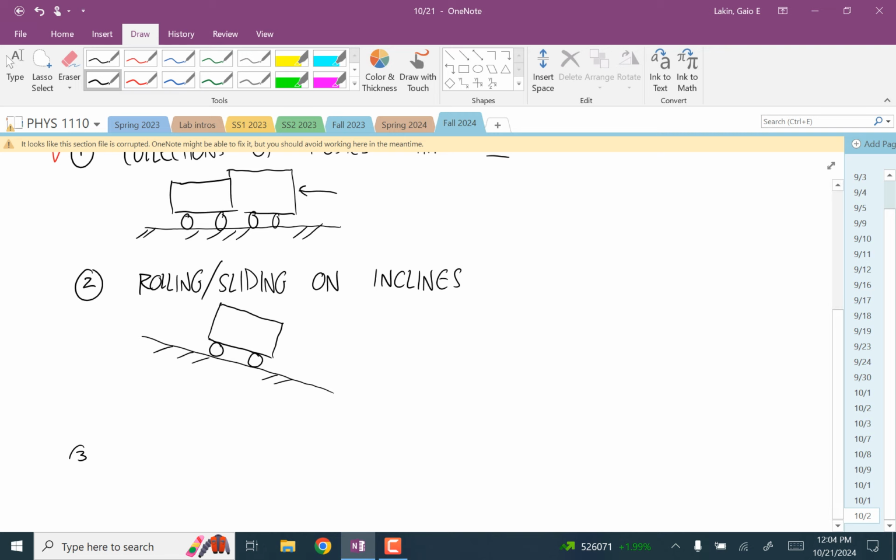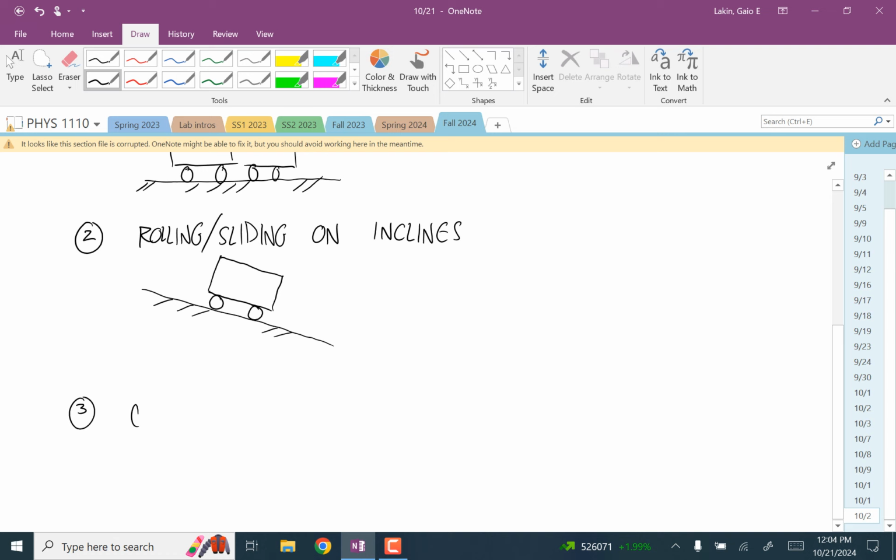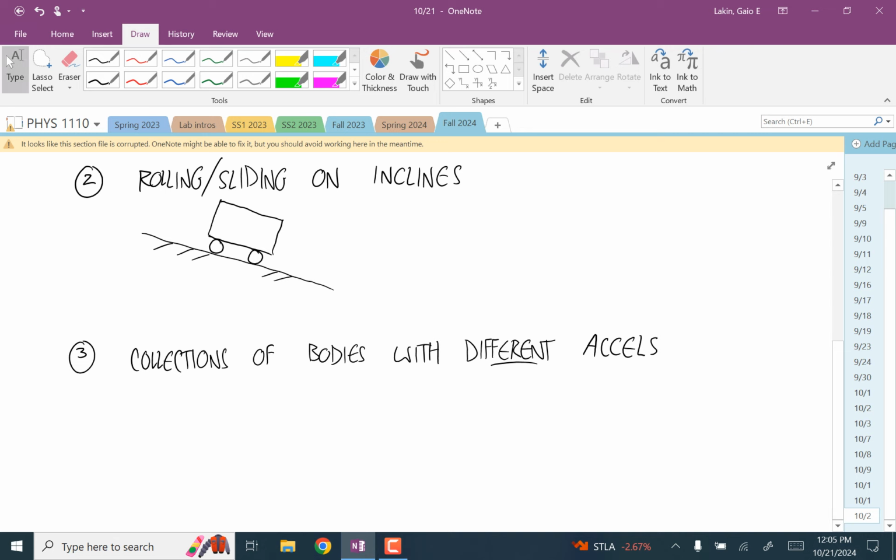And then the third one of these categories is collections of bodies with different accelerations. And these always involve cables and pulleys. Okay.